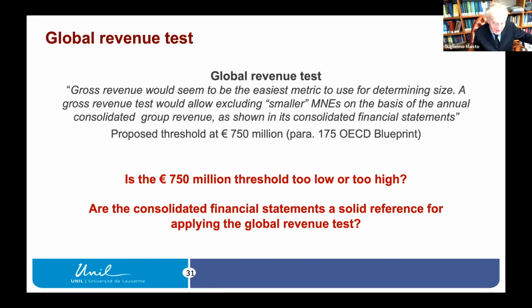For information of the audience who doesn't have the table in front, the 10 billion would mean that 350 groups would enter into the mechanism, and 350 would find it reasonable, something which is balanced and can be administered by tax administration. So that is basically my own view on this particular point.